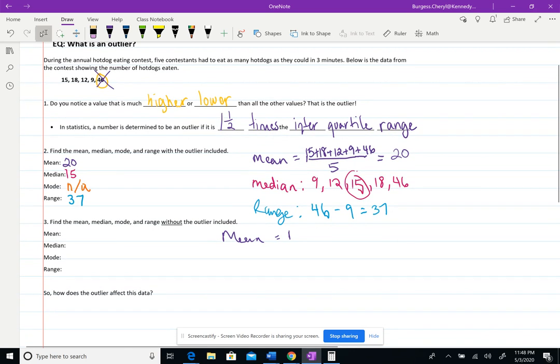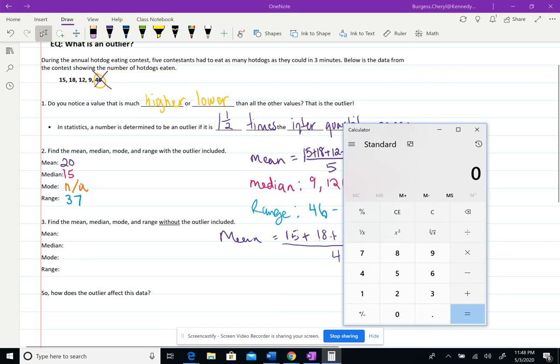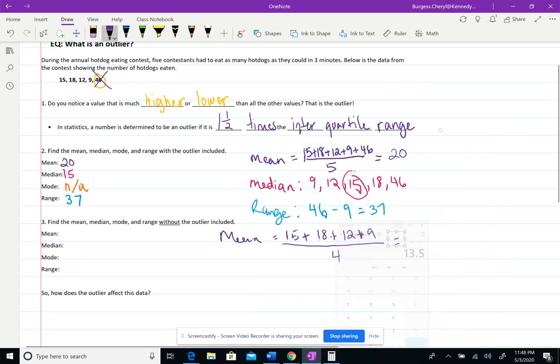Maybe that's the problem. 15 plus 18 plus 12 plus 9, all divided by 4, because we got rid of that fifth number, that fifth contestant who ate 46 hot dogs. 15, 18, 12, and 9 is 54, all divided by 4. 13 and a half. Okay, so our mean is 13.5.